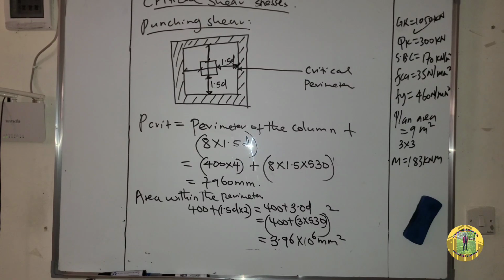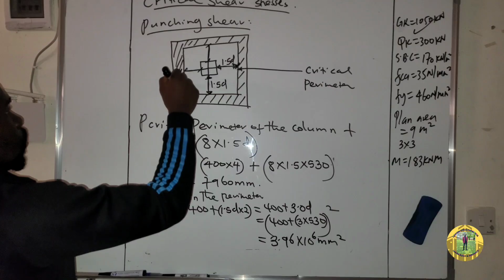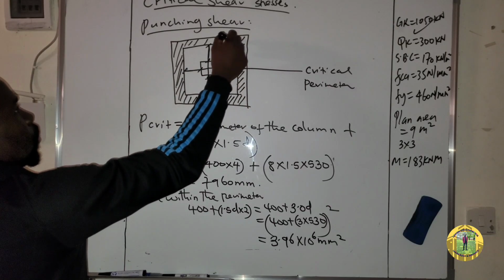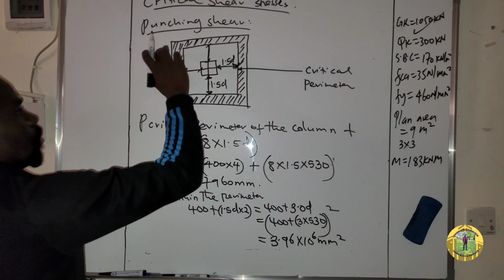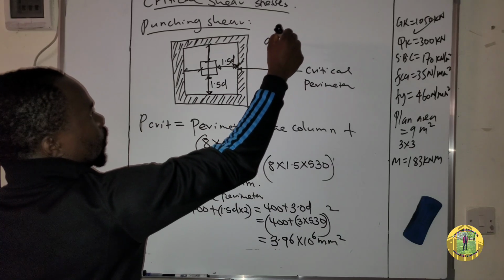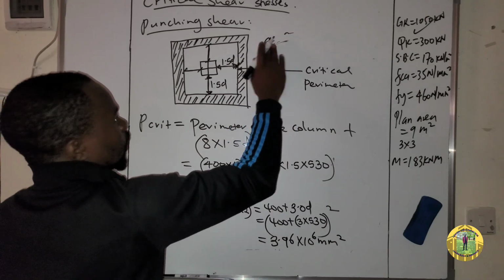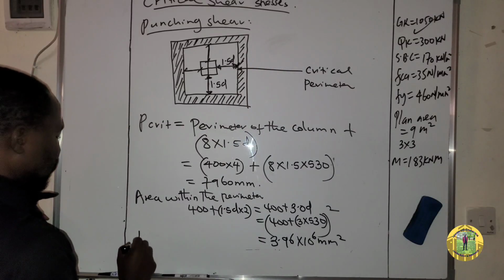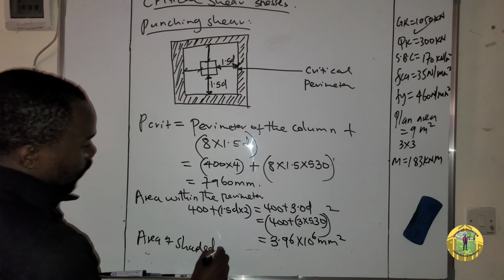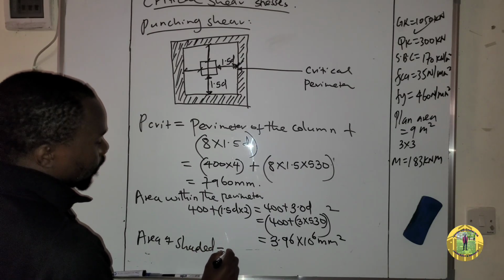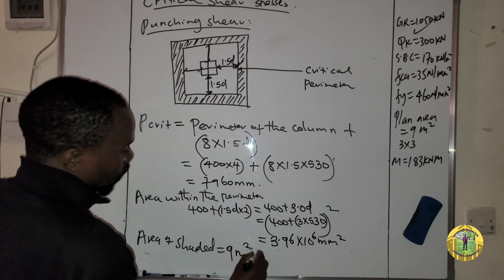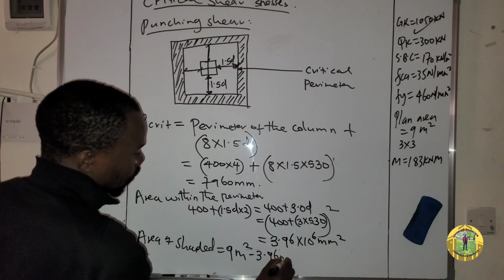Now let's get the shaded area. This is the shaded area where the punching shear is critical. So the shaded area will be the area of this footing, which was 9 meter square, minus 3.96. So the area of the shaded part is equal to 9 meter square minus 3.96 meter square.